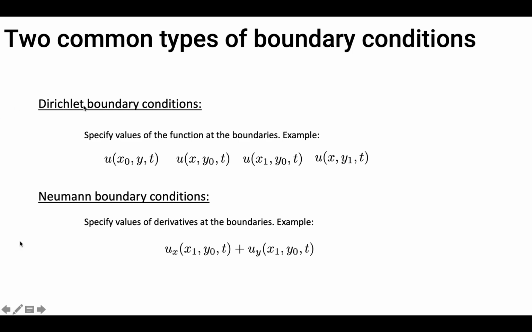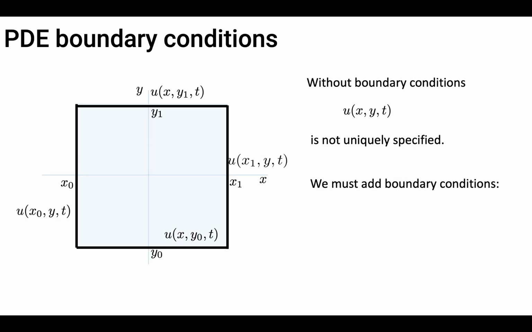In the case of Dirichlet boundary condition, the conditions are specified in the form of the values of the functions. For example, in this square domain, if we have a Dirichlet boundary condition, we may specify values on each of these four sides.